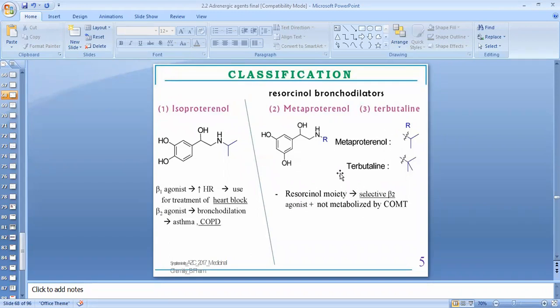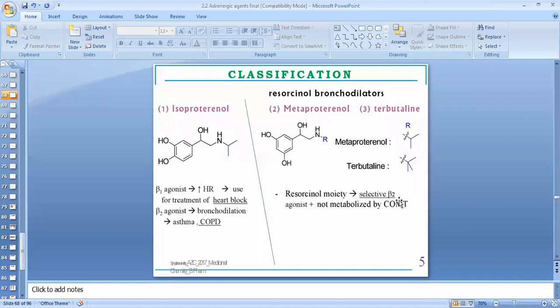So this resorcinol moiety, if we change the ring from catechol to resorcinol, then this is a selective beta 2 agonist. Why is this a selective beta 2 agonist? They are going to increase the bioavailability of this drug molecule because it is not metabolized by catechol O-methyl transferase enzyme.